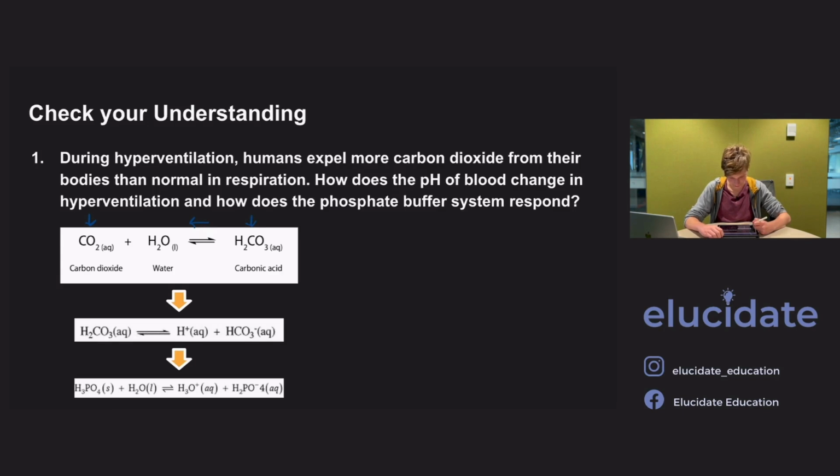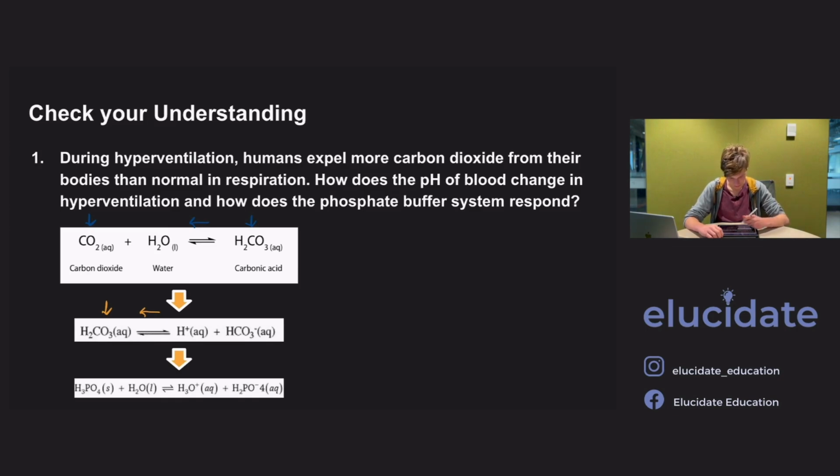This in turn affects our second equilibrium system. The renewed decreased concentration of carbonic acid will cause this equilibrium system to react. The decreased concentration of reactants in this equilibrium system will cause the system to shift to the left to favour the reactants.